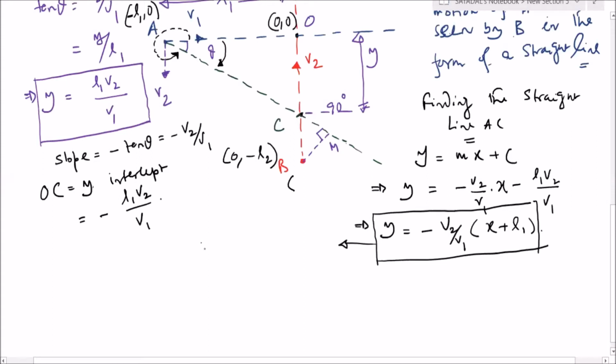We can write v1y plus v2x plus v2L1 is equal to 0, means v2x plus v1y plus L1v2 is equal to 0.